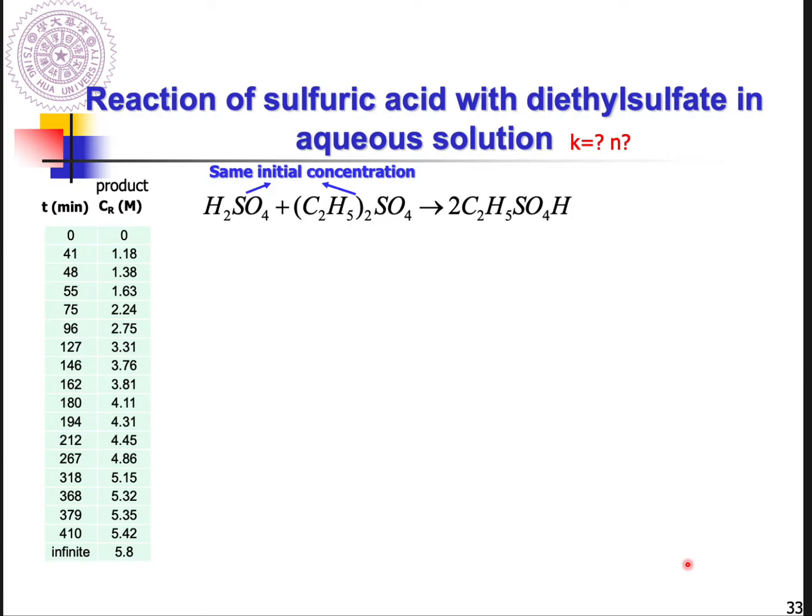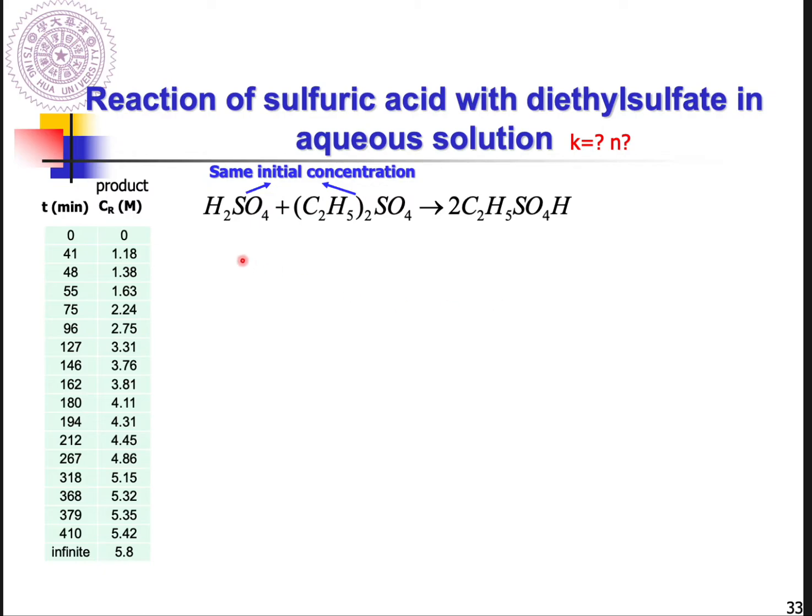Okay, so I'm going to give you another example to show you how to get a reaction order and rate constant by the integral method. I already limited it: the only method you can use is the integral method.